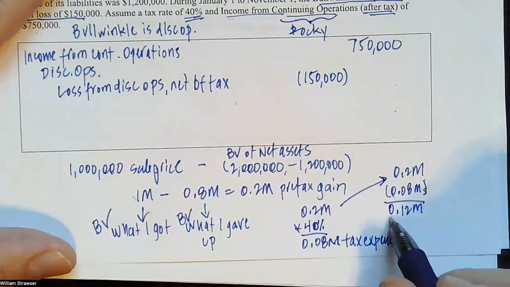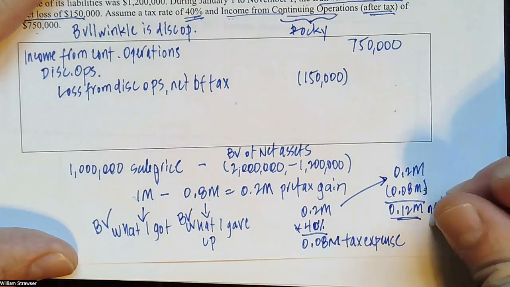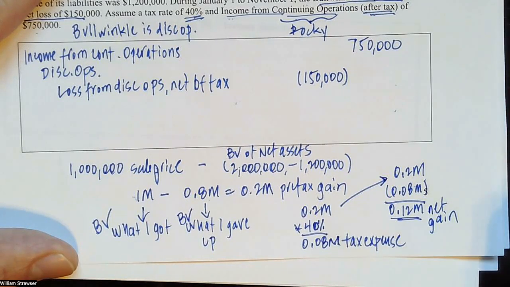Right, so this is $120,000. This is my net gain on the disposal.